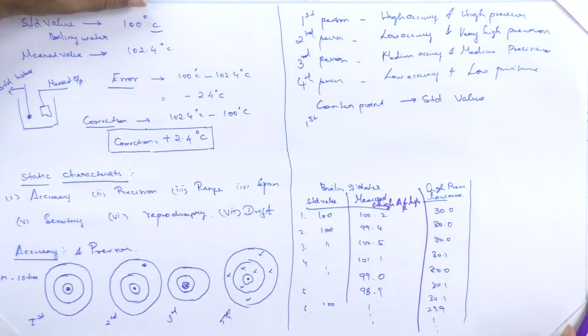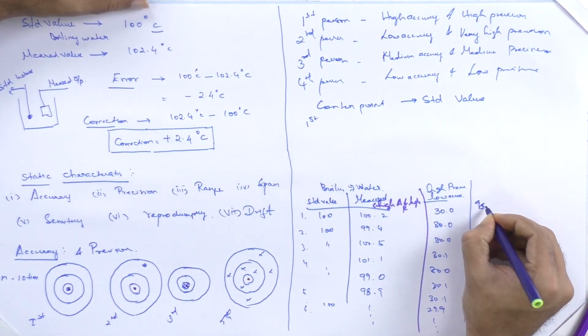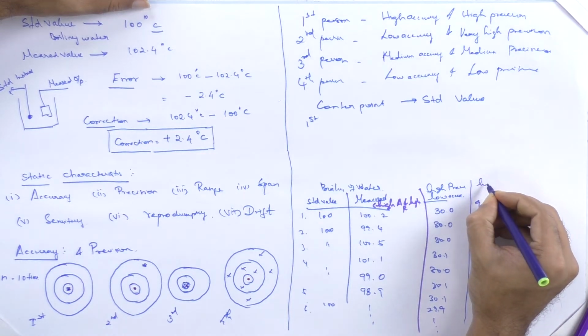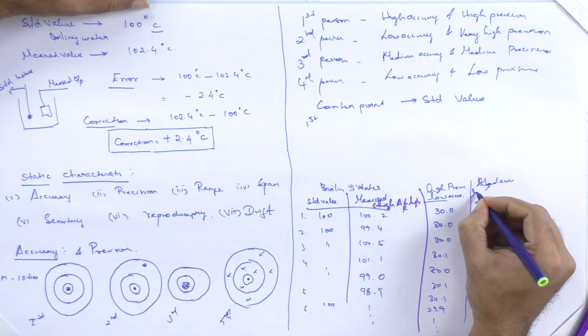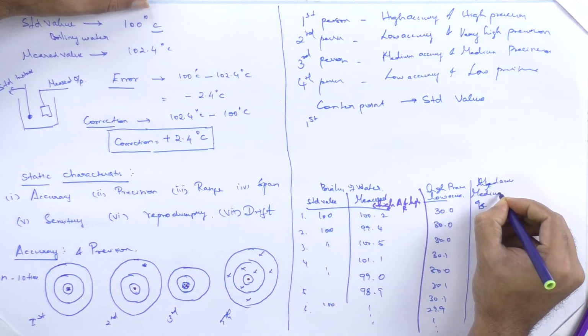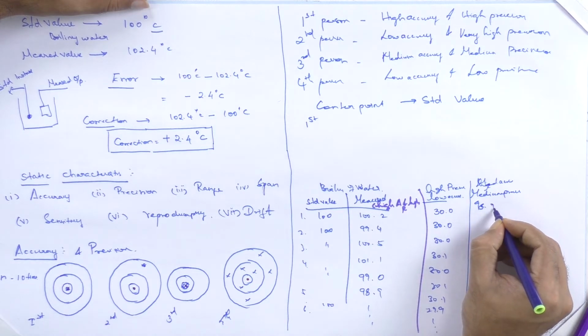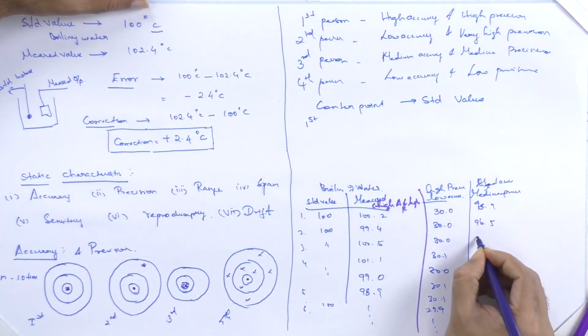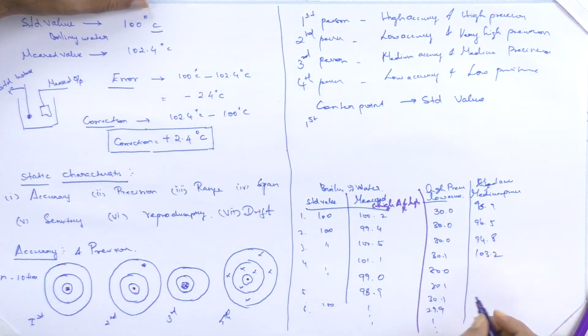Okay, the third one will be in a distributed fashion, something around 95. It is with medium accuracy and medium precision. So it is something like 98.9, 96.5, 94.8, 103.2, 102.1, something.